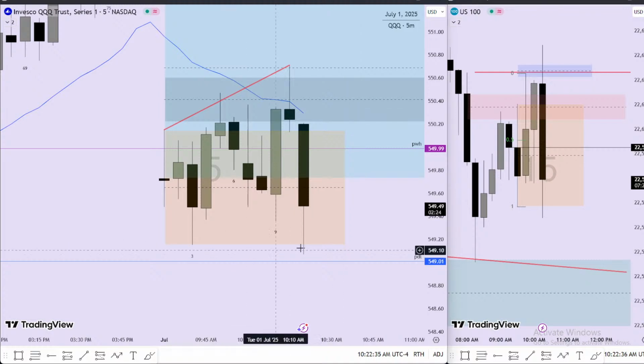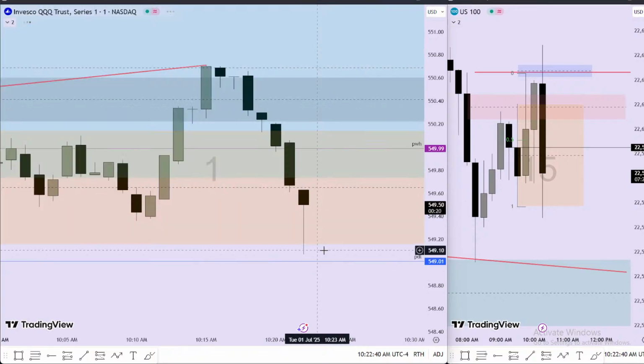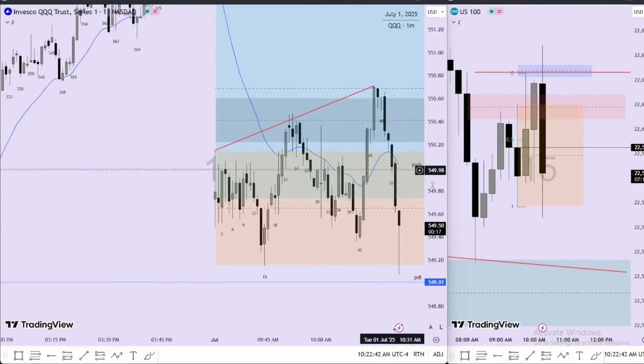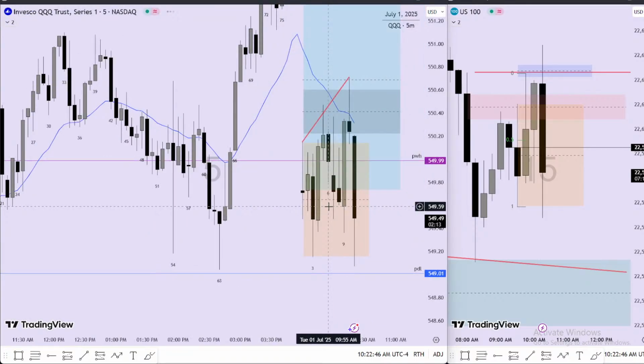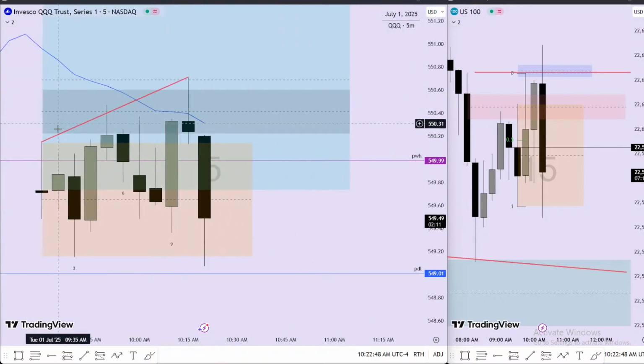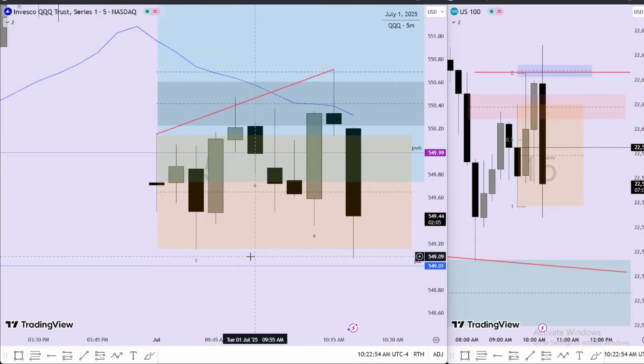I need a closing below this range for a single minute. See what I said, this is going to be really violent. We have completed the range. We're going to come back to the lows of the start of the initial range.